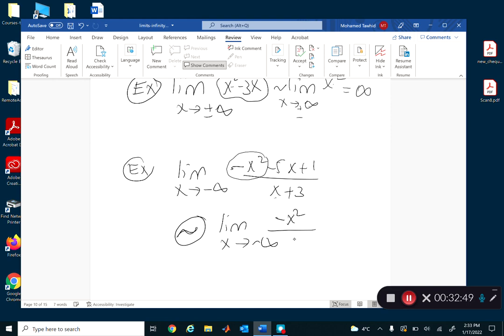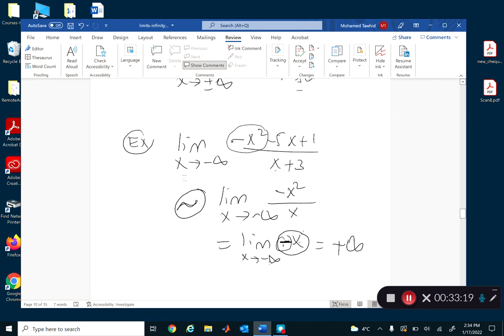What is my leading term down here, guys? x. If I simplify this, you have x close to minus infinity, negative x squared over x, you get negative x. What is x? x close to minus infinity. So if you take minus 1 million, but you have negative x here, if you replace x by negative 1 million, we have minus times minus. So what did you get? You get plus infinity. Is that okay? You have plus infinity.